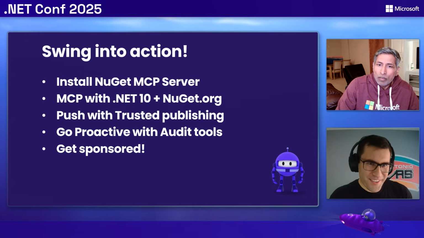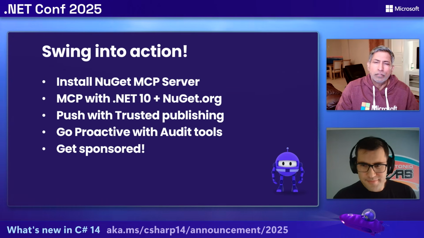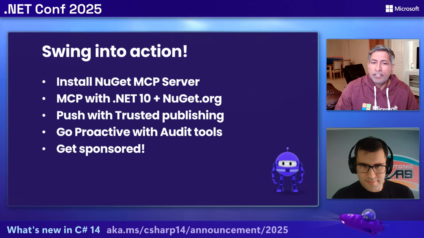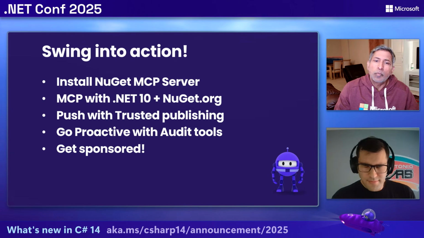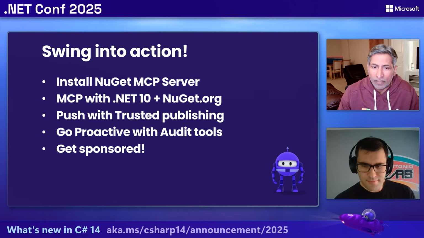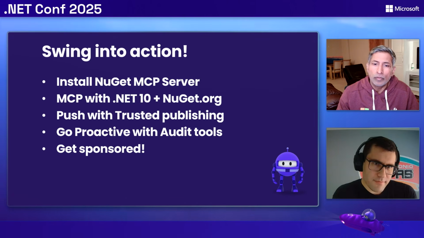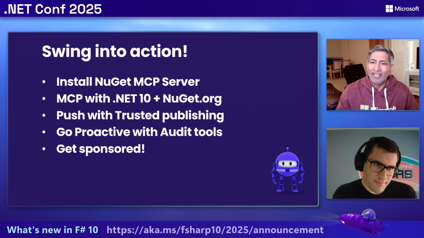From getting the best out of coding agents for NuGet packages to easily building and sharing MCPs to safer publishing to making it easy to catch CVEs and even supporting the folks who make your favorite packages, NuGet is leveling up big time through AI and security. Go try these features today and let's keep building amazing stuff on .NET together.